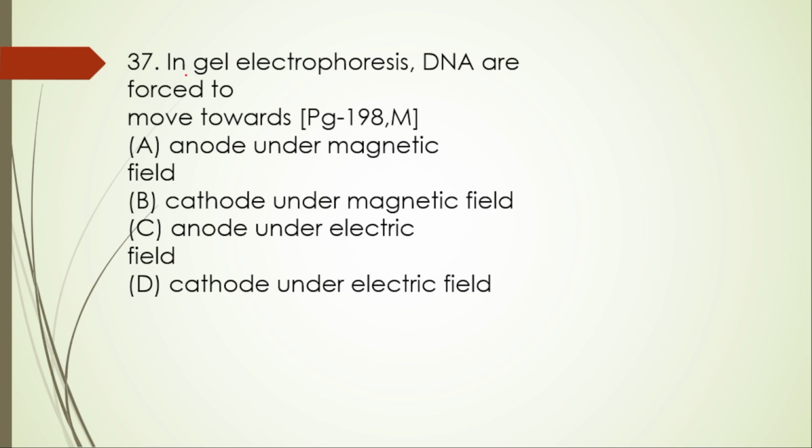In gel electrophoresis, DNA fragments are forced to move towards: A. Anode under magnetic field. B. Cathode under magnetic field. C. Anode under electric field. D. Cathode under electric field. So it moves towards the anode under the electric field.